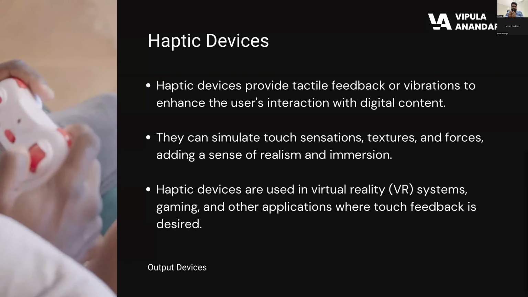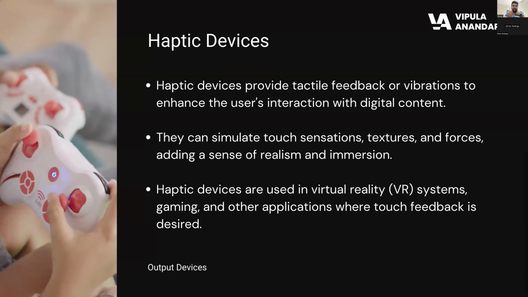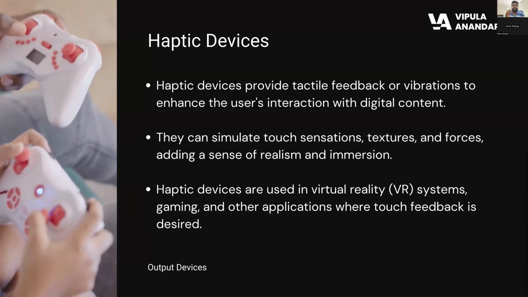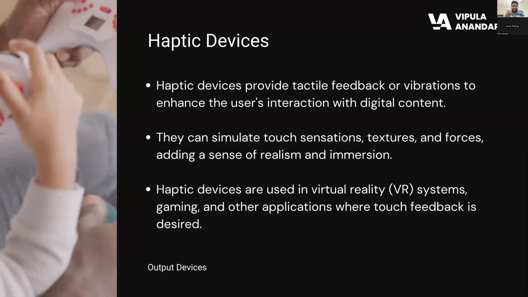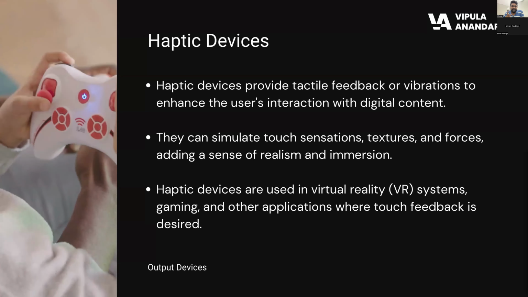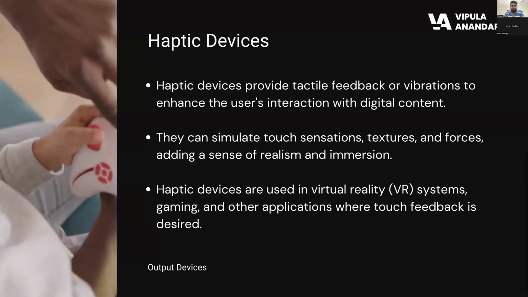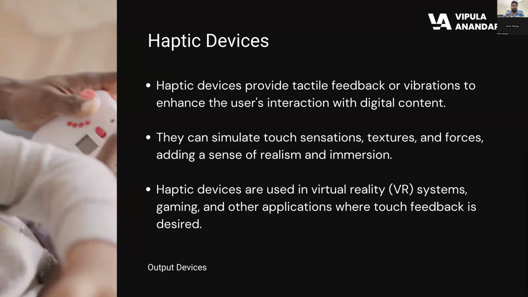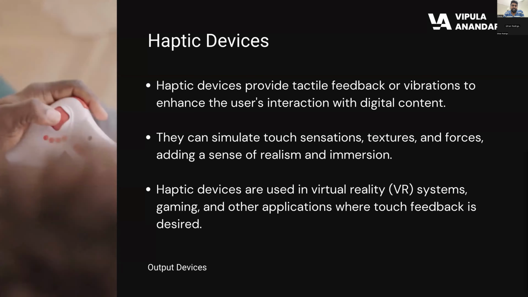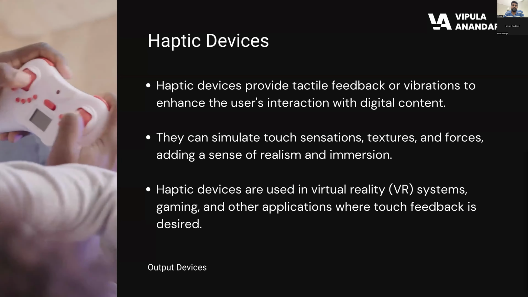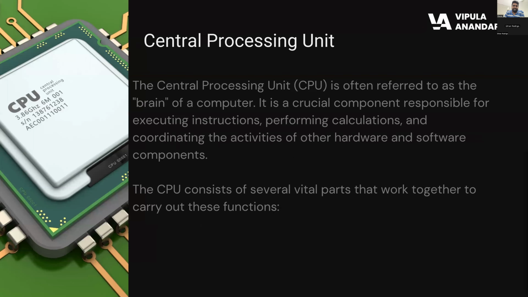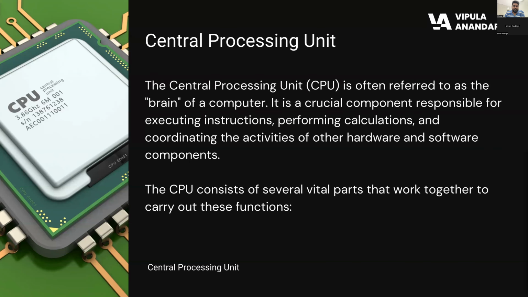Let's say when you type in your phone, if your keyboard is enabled with that tactile feedback, every time you press a key, it will vibrate and you will get the feedback. So this is again one of the most important output devices, where it will literally give you realistic feedback so that you know what is going on. Okay, perfect. Then we get into the next point.